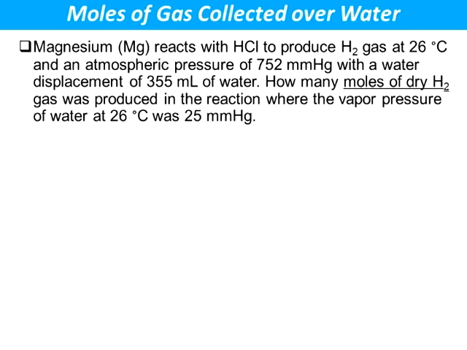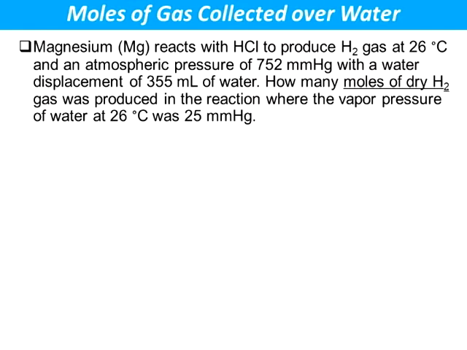Let's carry out a calculation involving collecting moles of a gas over water. And here's the problem. Magnesium reacts with HCl to produce hydrogen gas at 26 degrees C and an atmospheric pressure of 752 millimeters of mercury, with a water displacement of 355 mL of water.